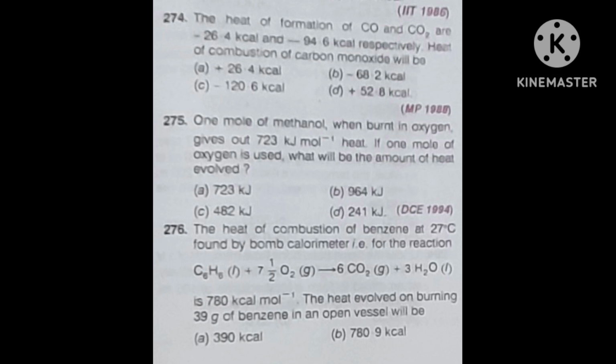If you read the question, you will find all values are given: the C2H4 value, CO2 value and H2O value at 25 degrees centigrade and 1 atmospheric pressure. For C2H4, 52 is given, for CO2 minus 394, and for H2O minus 286. First write the balanced reaction, and after that product minus reactant. Put in those values and you will get the answer after simplification.